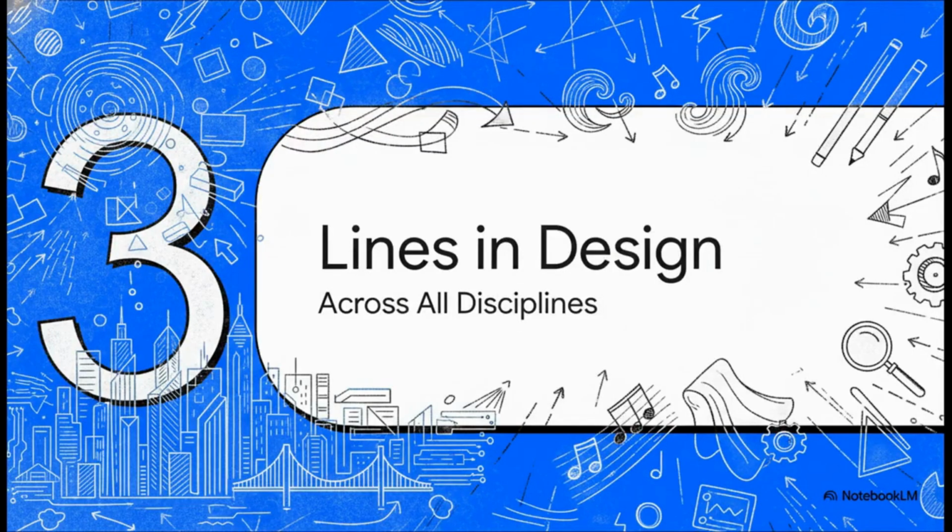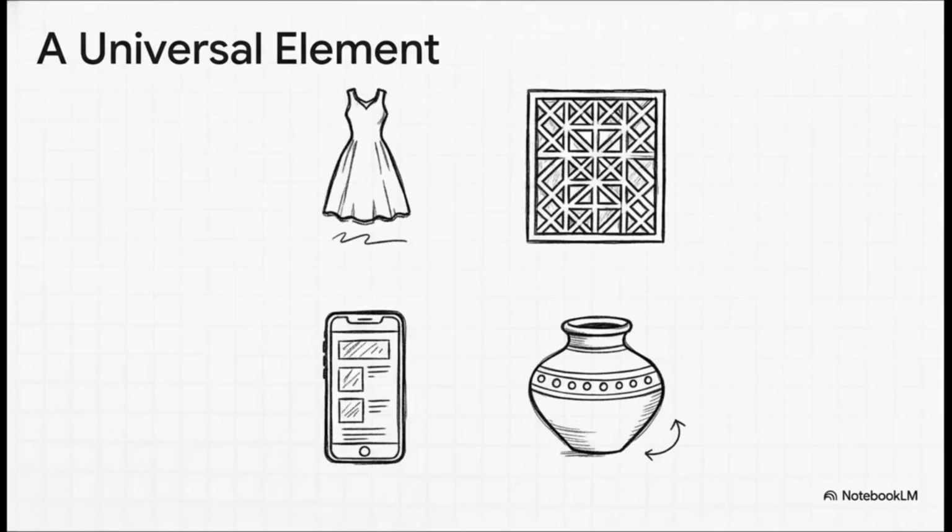So, now that we know these four personalities, let's start spotting them out in the wild. Let's see how they show up in the design that's all around us, especially right here in India. Because once you start looking, I promise, you are going to see them everywhere. Let's just break it down. In fashion, think about the silhouette, the lines that define a sari's drape or a sherwani's cut.